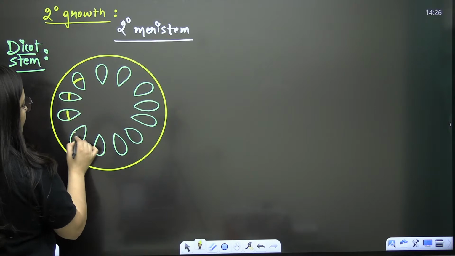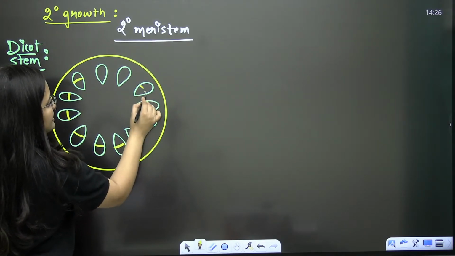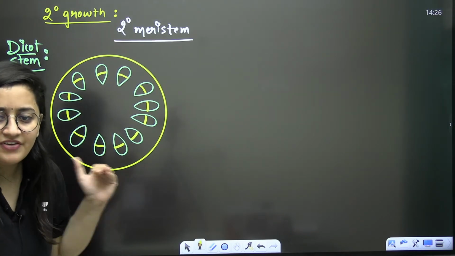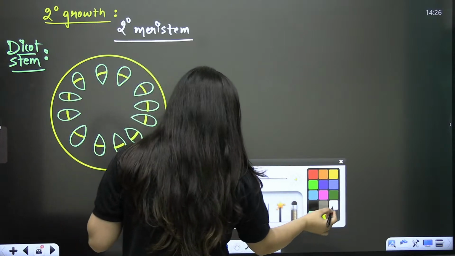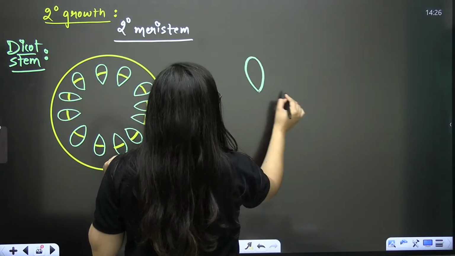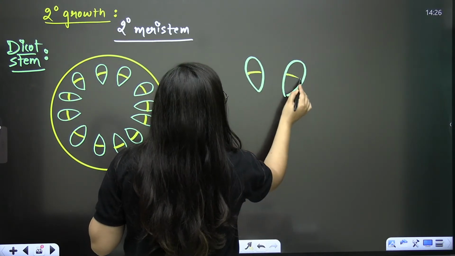And you know that within the vascular bundle, we have the intrafascicular cambium. That's what we have.